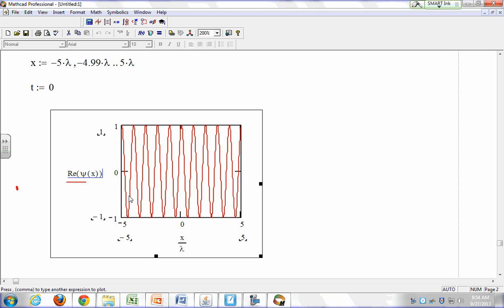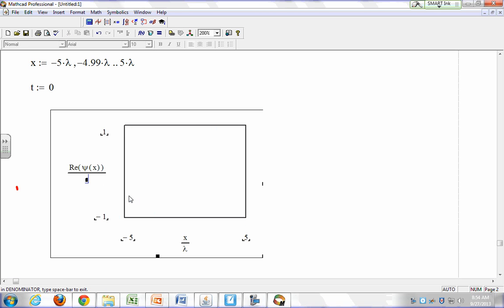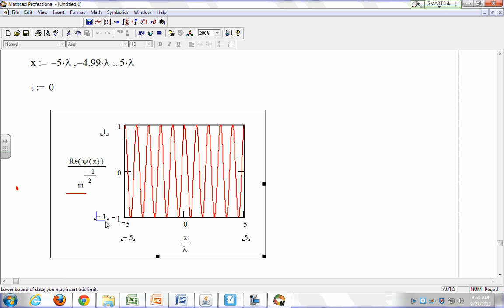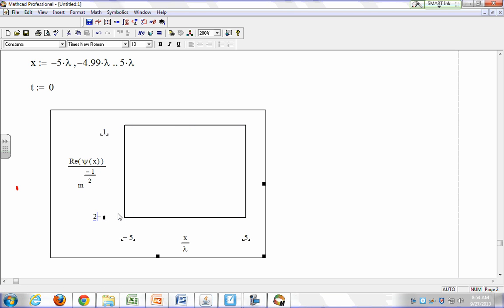And what should be the unit for this? Per meter to the 1/2. Okay. So you can see your cosine function goes from +1 to -1, right? So let's make this from -2 to +2 so you can see it better.